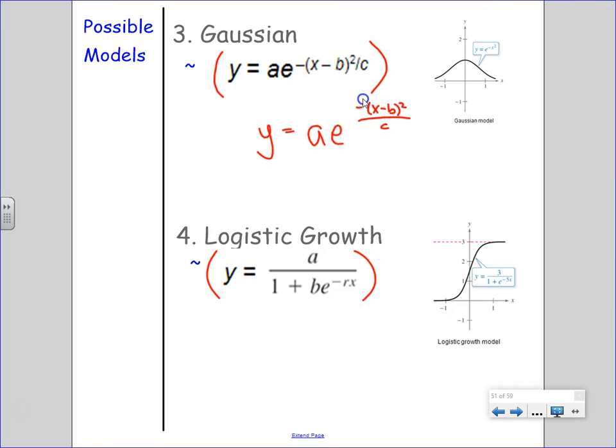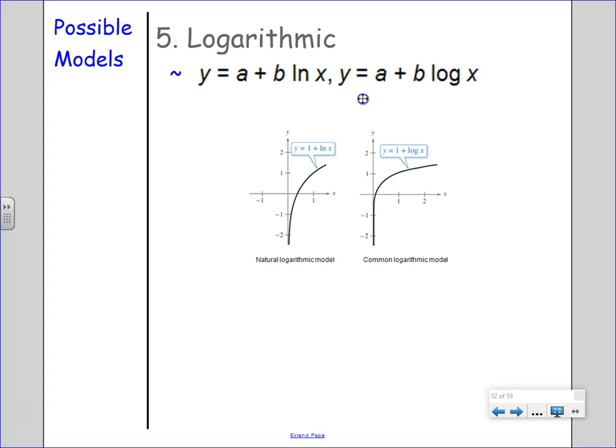There is technically one more model. Once again, it's not one I would make you come up with on your own. The equation's going to be given to you. Just to remind you, this is another model.